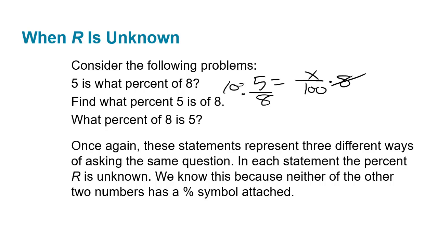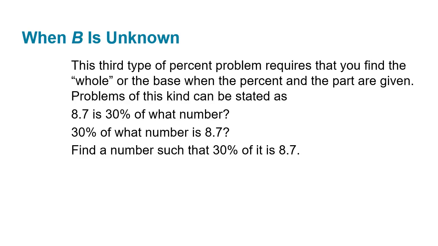Multiply both sides by 100 to get rid of this. And there you go. 500 divided by 8, whatever that is, that's X. So I think it's much easier if you just learn basic translating than if you try and do this whole P and R and B junk that a lot of sources try and teach.